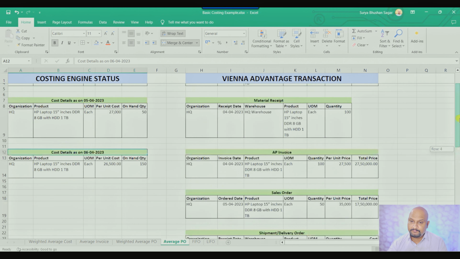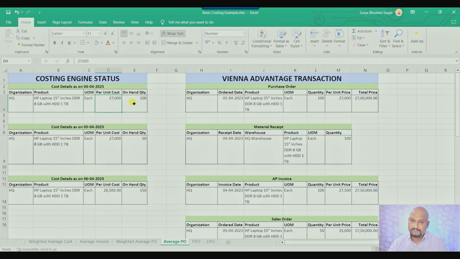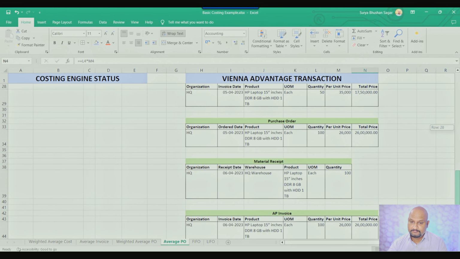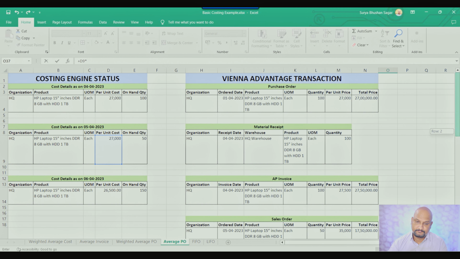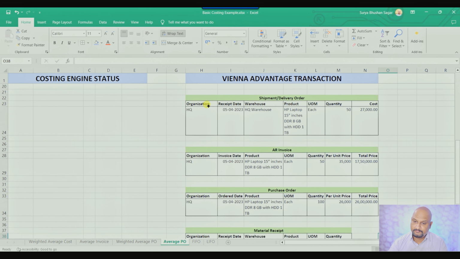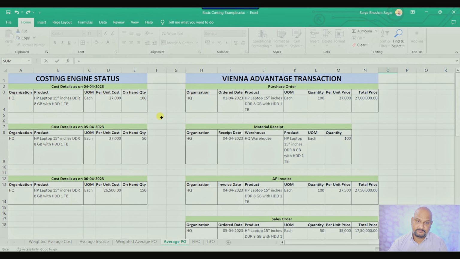My first purchase was 100 quantities at 27,000, so it will consider 27,000 multiplied by 100.